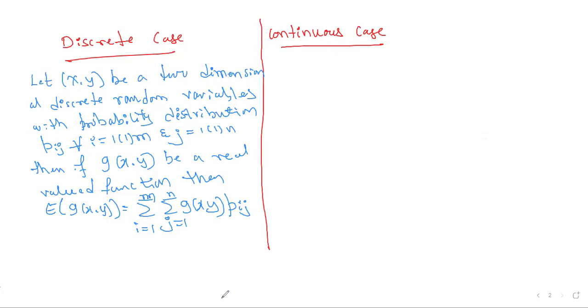This is the definition of mathematical expectation of a function in a bivariate distribution for the discrete case.